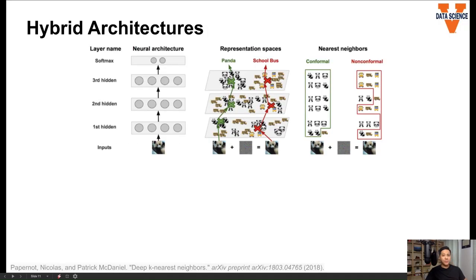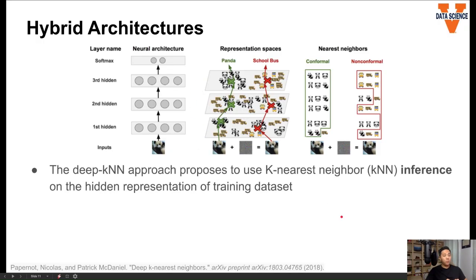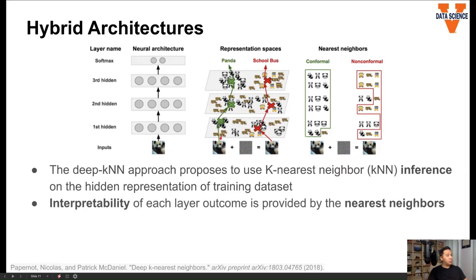One thing we can try is some sort of hybrid architecture. In this example, we're going to use a neural network, but we also look into the different layers of representation in this neural network. We're going to develop what is called a deep KNN approach, a deep K nearest neighbor approach, to use K nearest neighbors to make inferences from the hidden representations of the training dataset. So we're going to try to explain the outcome of each layer by its nearest neighbor samples.